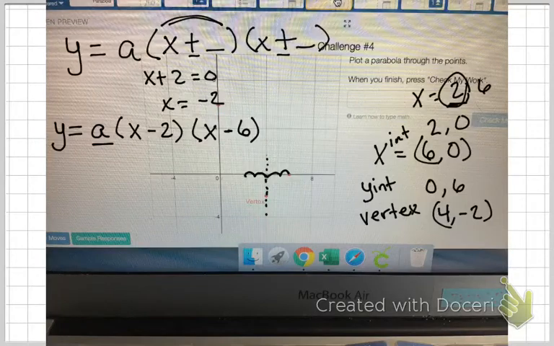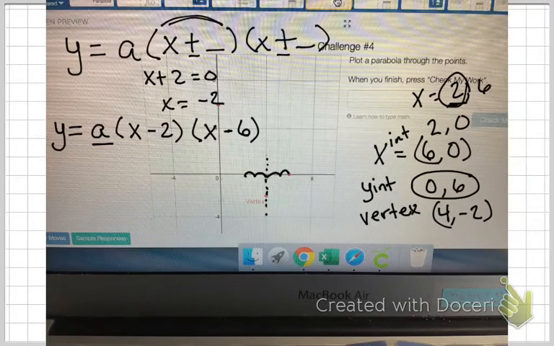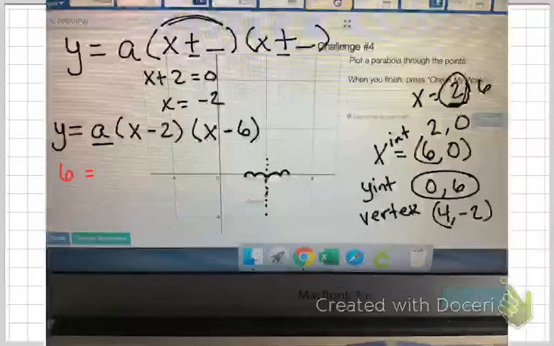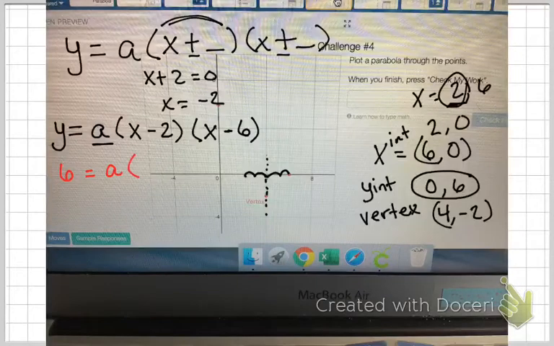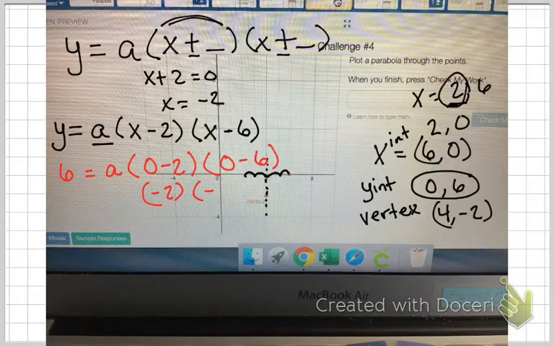So we can do a couple things. We can plug in what is easiest, the y-intercept, because that's saying when x is 0, y is 6. So we're going to substitute those in. So if I have 6, I'm still looking for a. I'm going to plug in 0. I get 0 minus 2, which is a -2. 0 minus 6, I get a -6.